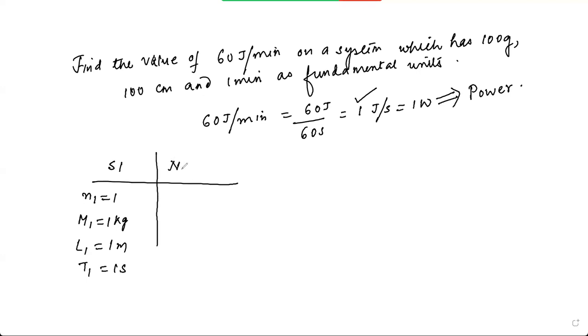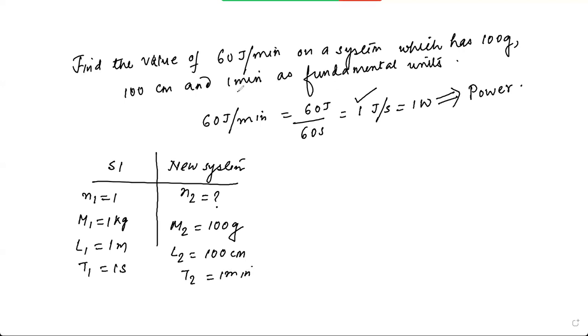In the new system, we have to calculate the value of N2. M2 is 100 gram, L2 is given as 100 centimeter, and T2 is given as 1 minute.